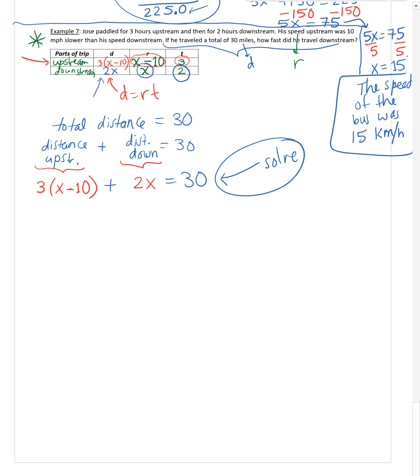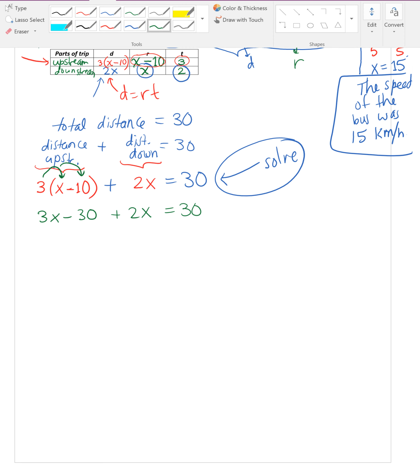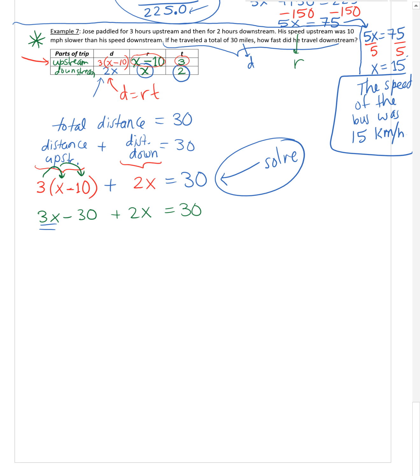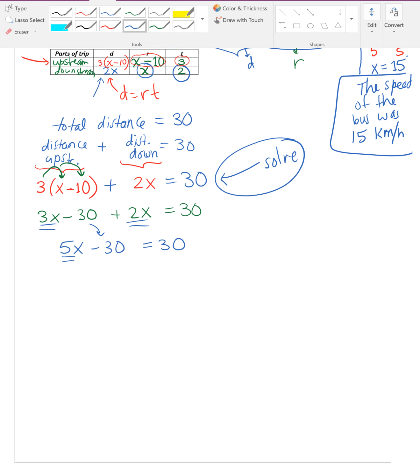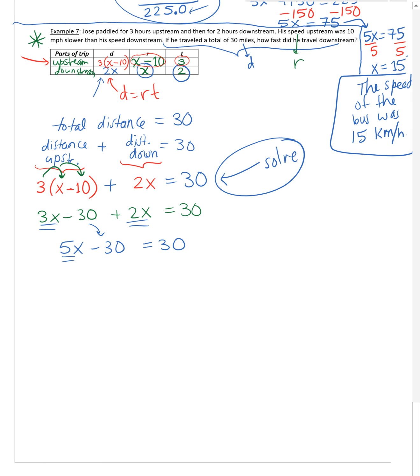This one's all right. If I want to solve this guy, I'm going to distribute the 3 here: 3 times x, 3 times negative 10. And then I've got a 2x here and a 30 there. I've got a few like terms on the left side. 3x and 2x make 5x, and then the minus 30. I'm going to solve for x, so I want to get rid of this 30.